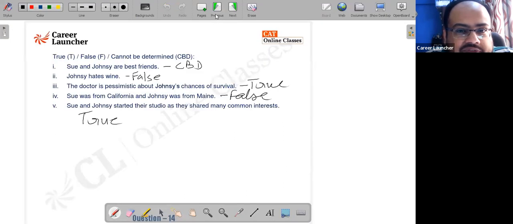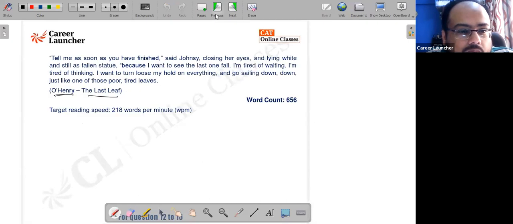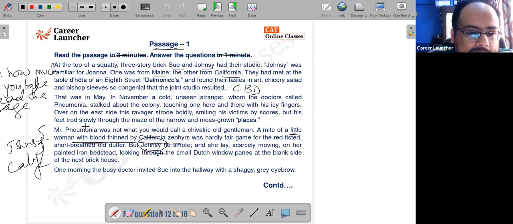The third paragraph is where I got the fact that Johnsy is from California. See, here it says Mr. Pneumonia was not what you would call a chivalric old gentleman. A mite of a little woman.